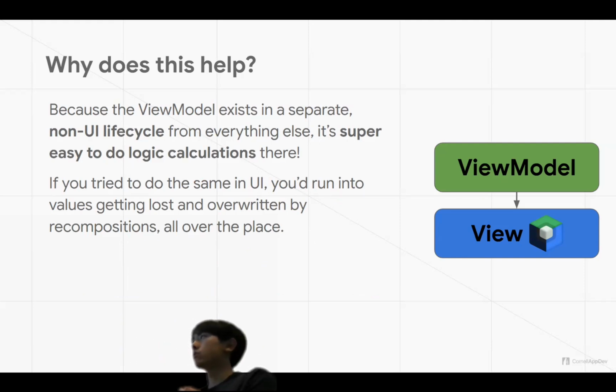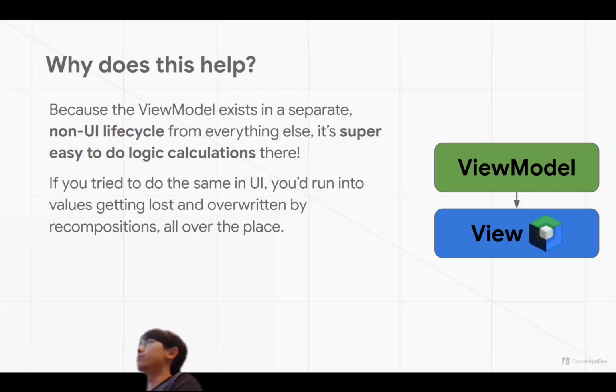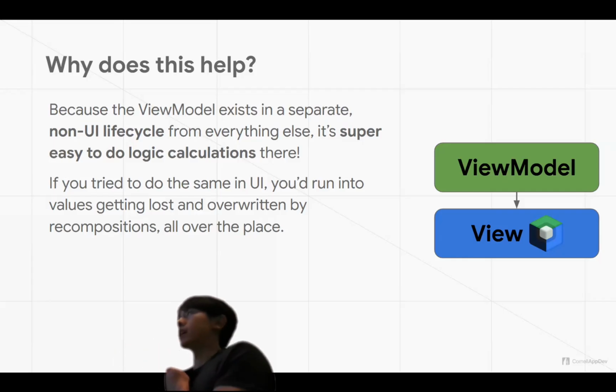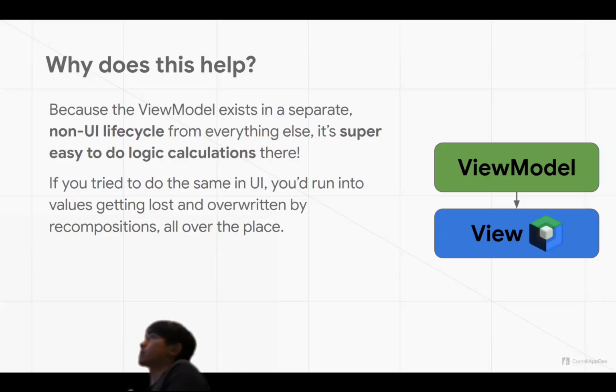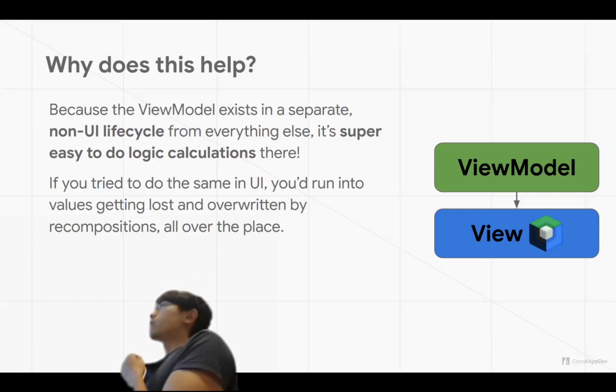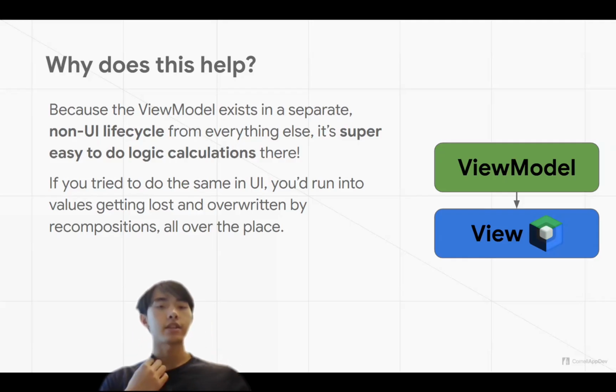It's super easy to do logic calculations in the view model since it's just regular coding. You can do things like you normally would in any other programming language. But if you tried to do the same thing in UI, you'd get values being lost. If you ran networking calls, who knows what happens if the screen refreshes midway through your networking call. And so the view model is just a really convenient place to do more complex networking functions and things like that.